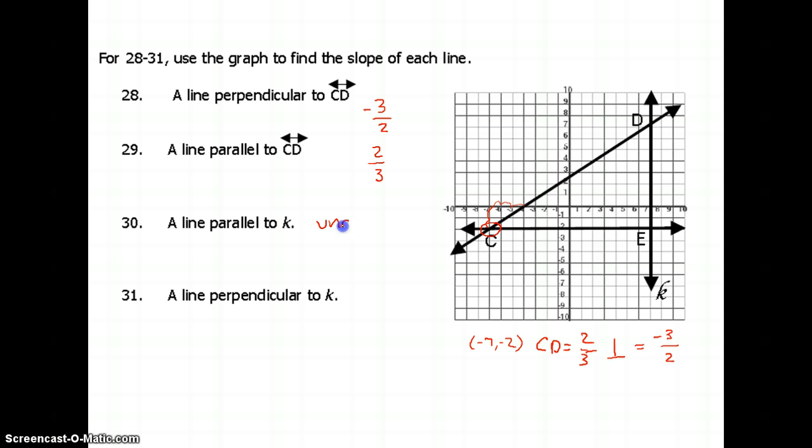So undefined. Something that's perpendicular to K, this is going up and down. If it's perpendicular, it would be like CE here. That's perpendicular, and we know the slope of that is 0. That's 28 through 31.